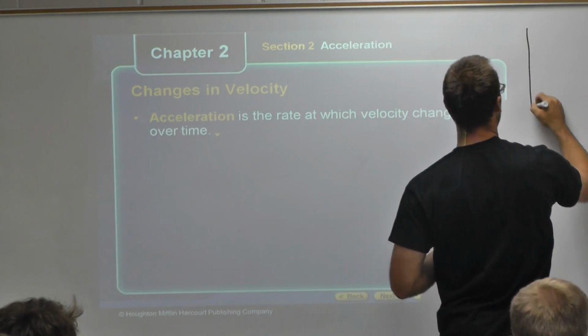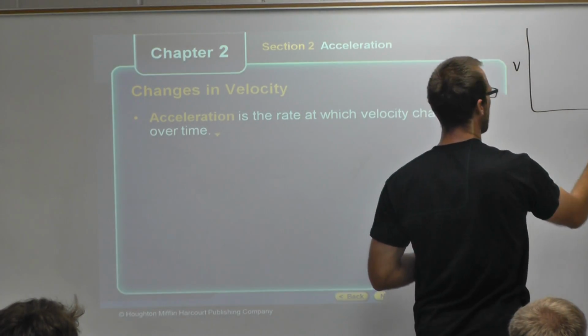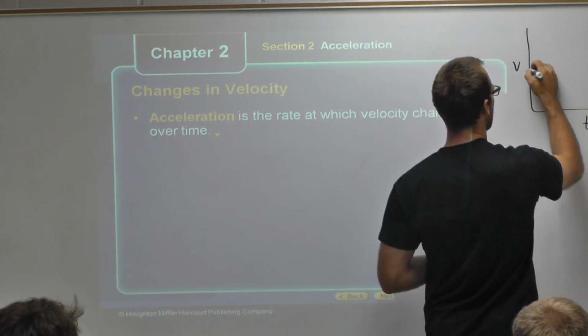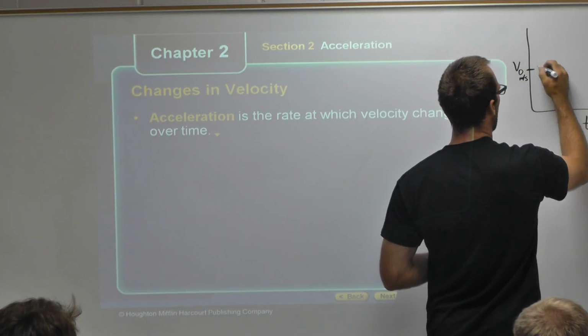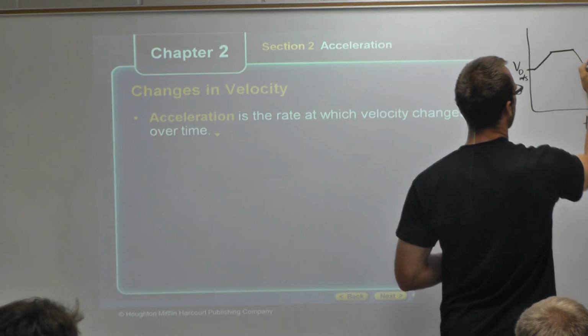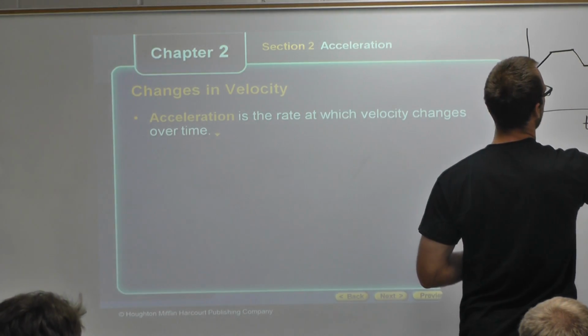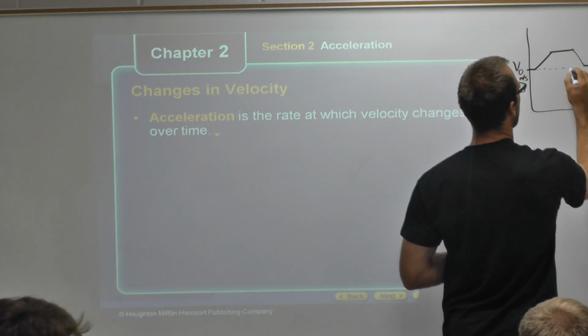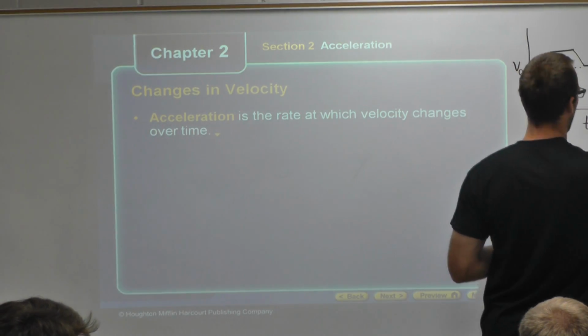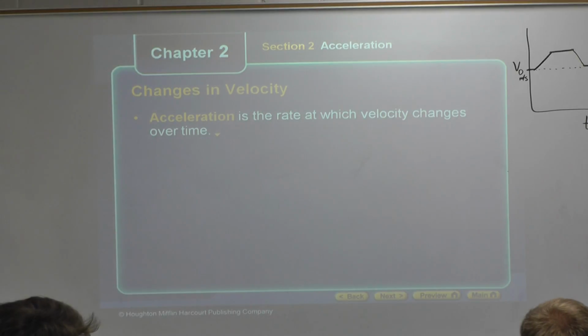Well, let's see if we can make this connection. Velocity versus time. Let's say right there is 0 meters per second. What do you think acceleration has to do with the velocity versus time graph?